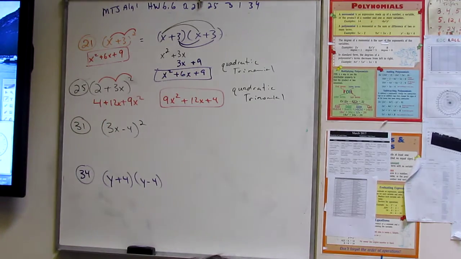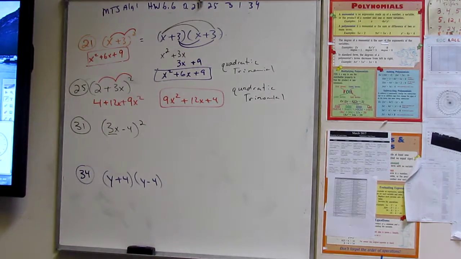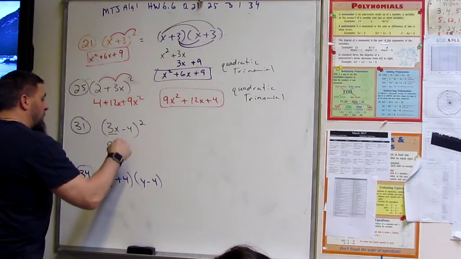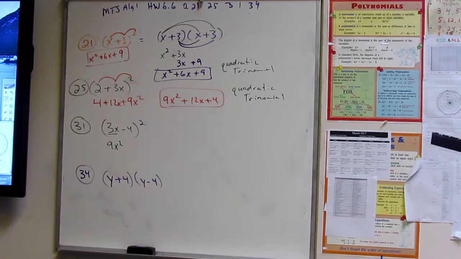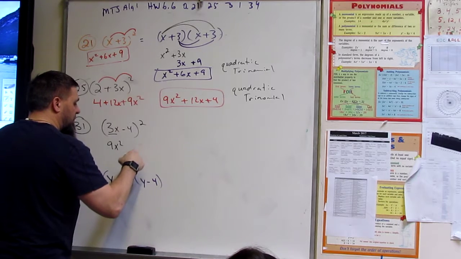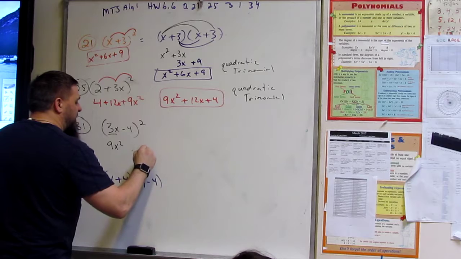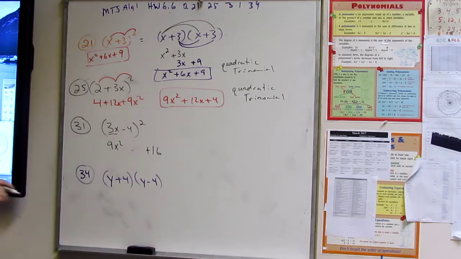Okay? Alright, this one. Help me out. What's 3x squared? 9x squared. Okay? What's negative 4 squared? 16, positive, right? Negative 4 times negative 4 is still plus 16, right?